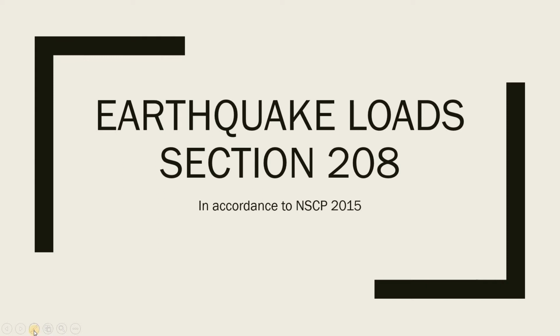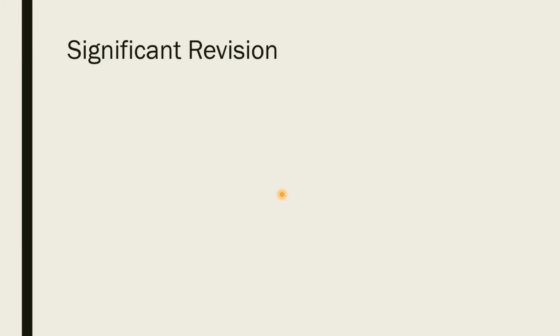Okay, so welcome back. Let's start. Okay, so let's have our laser. Okay, so we have here first the significant revision na nangyari sa ating earthquake provisions. So chapter 2, we have the minimum design loads.